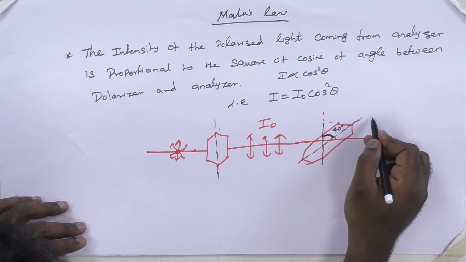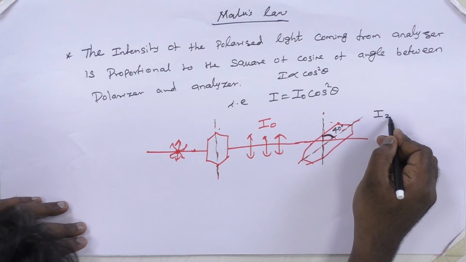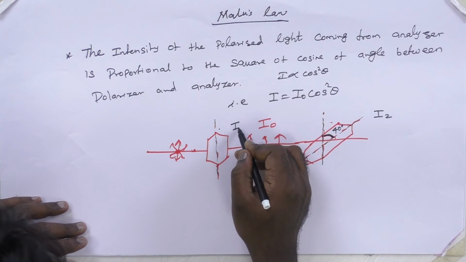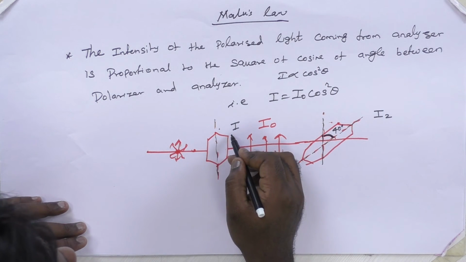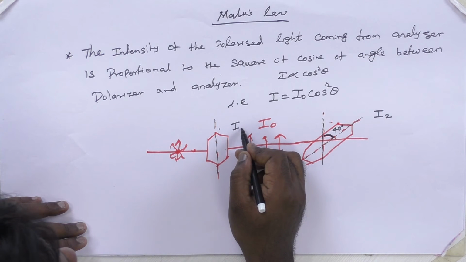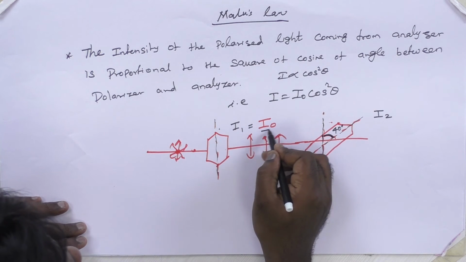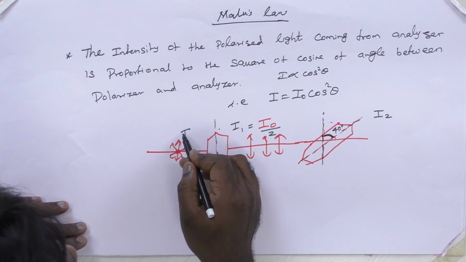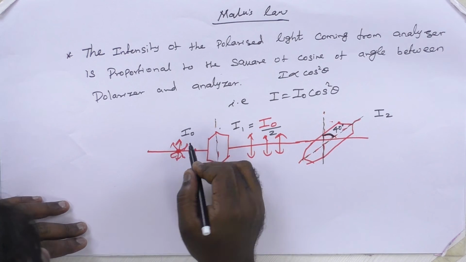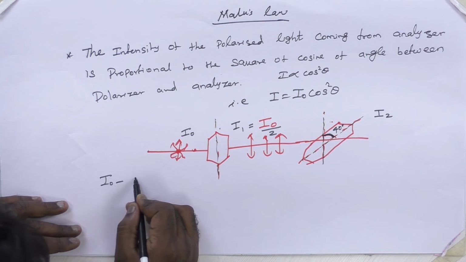Now what is the intensity here, I2? After coming from the polarizer, the intensity is half of the original, that is I1 is equal to I naught by 2, where I naught is the intensity of unpolarized light.